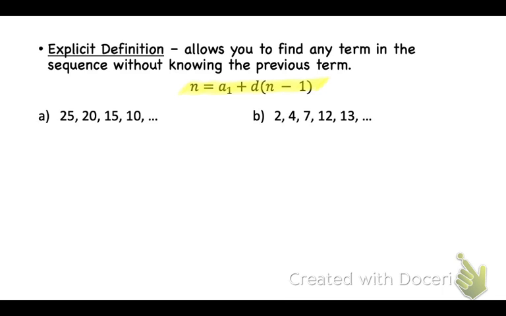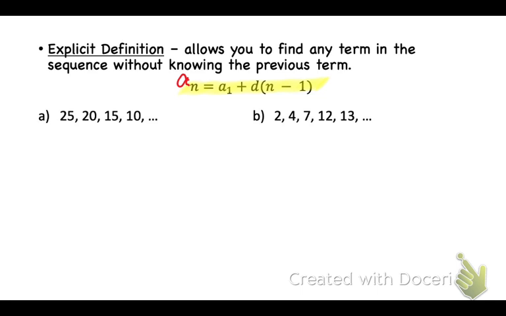That should be a sub n on the outside. A sub n equals a sub 1 plus d times n minus 1.